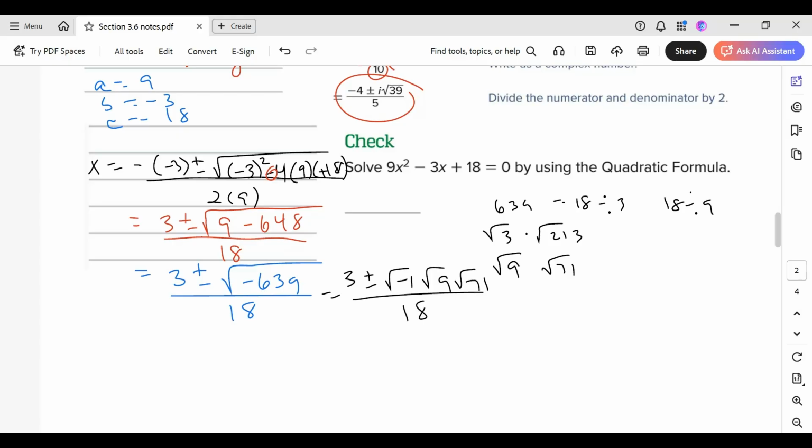When we go to here, I see 3 plus and minus 3i square root of 71 over 18. And then you need to simplify and reduce. Notice 3, 3, and 18 are all factors of 3. So I become 1 plus and minus i square root of 71 over 6.